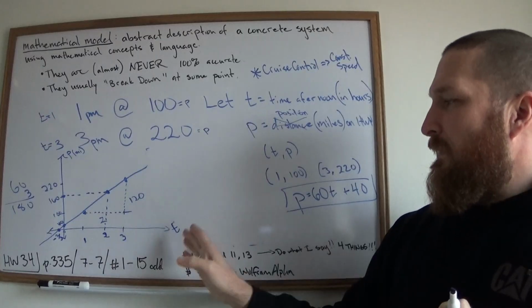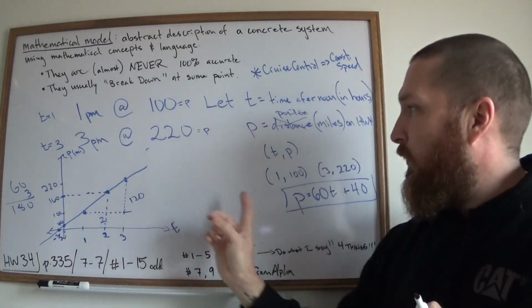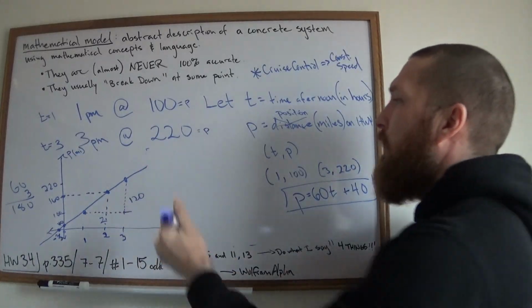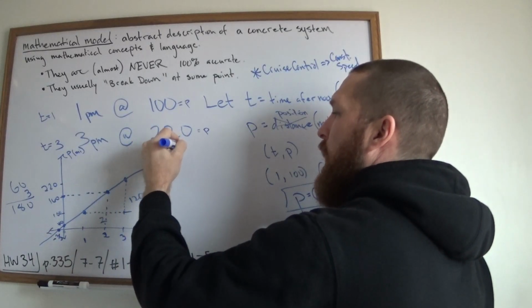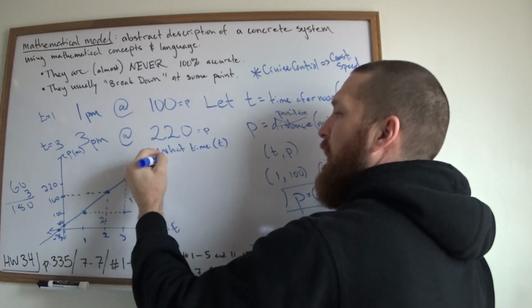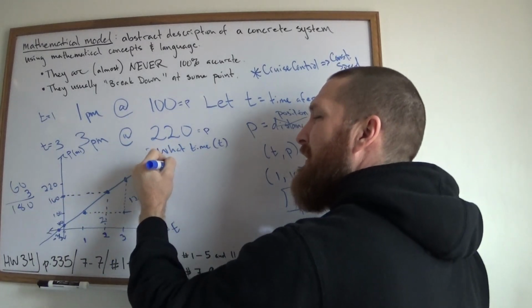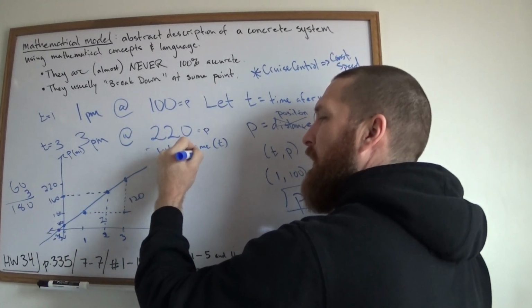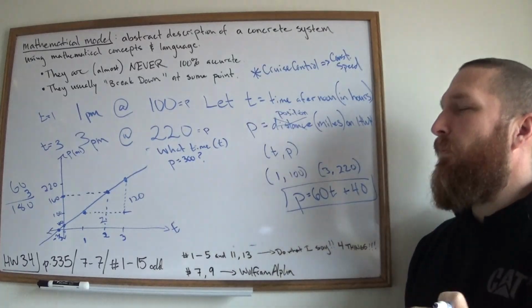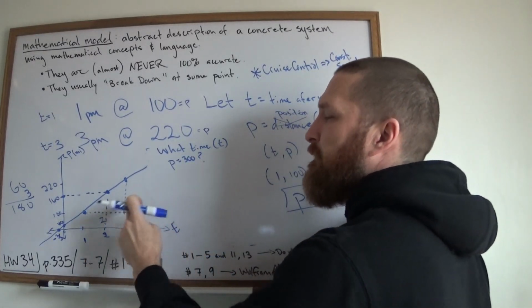One of the great things about having drawn this stuff out right here is I could say, well, hold up, we want to know what time, so in other words, for what t are we at 300? Well, that means when was my position equal to 300? At what time would I get to mile 300?